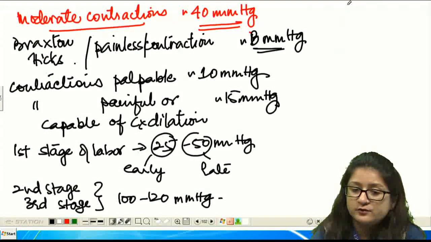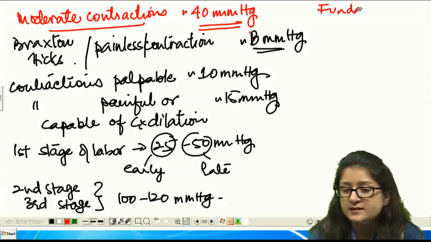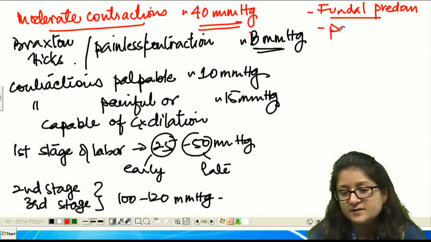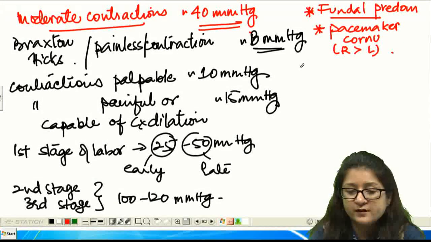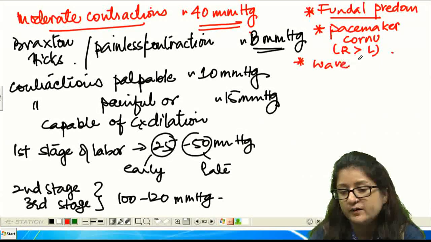Another important point about uterine contractions is that there is fundal predominance. The pacemaker of these uterine contractions is the cornu, the right more than the left, and there is a wave of depolarization.